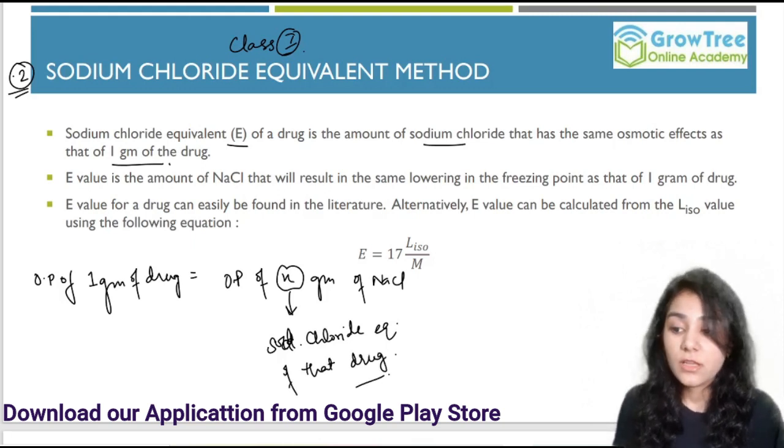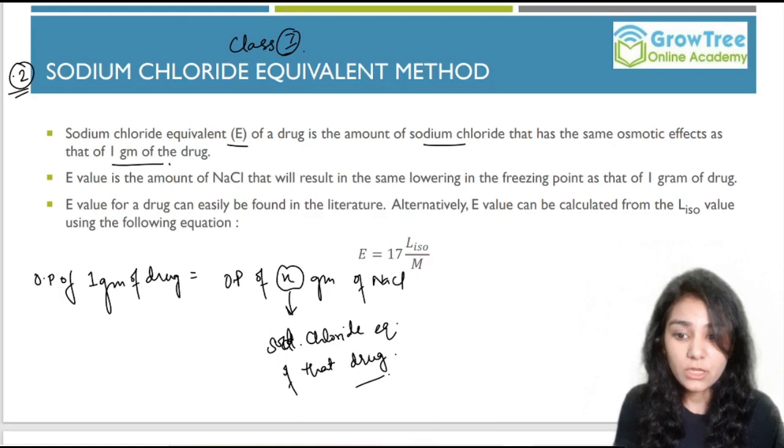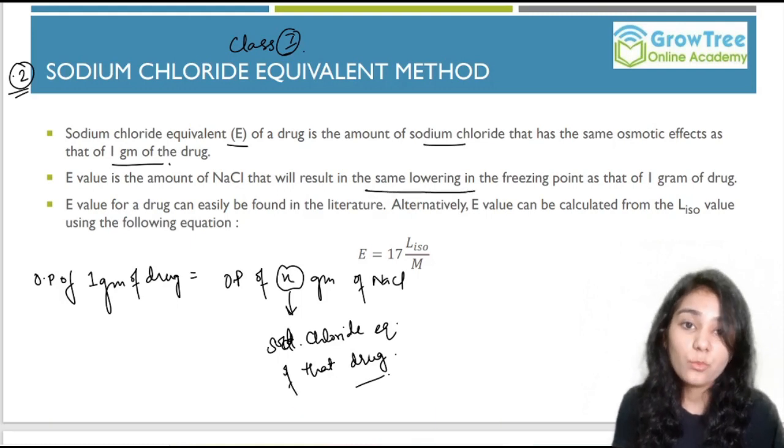In other terms, E is the amount of NaCl that will result in the same lowering in the freezing point as that of 1 gram of drug.